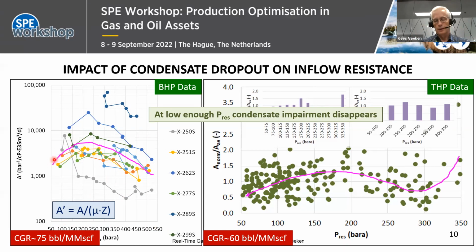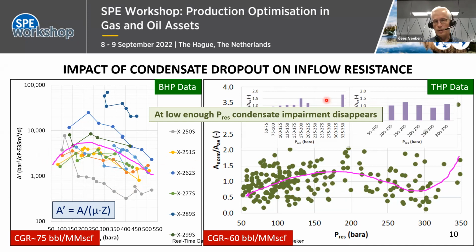So it's like the condensate dropout, which caused the impairment initially, then at lower tubing head pressures, which cause lower bottom hole pressures, either the condensate re-evaporates and/or is being stripped out because of higher gas velocities. So it's a self-restoring effect: this condensate impairment disappears as you reach low enough tubing head pressures.